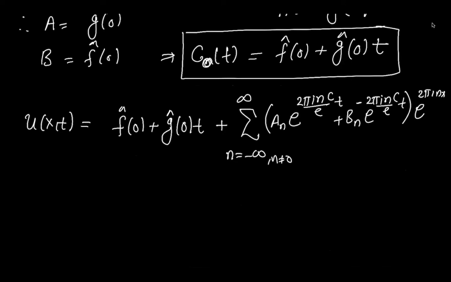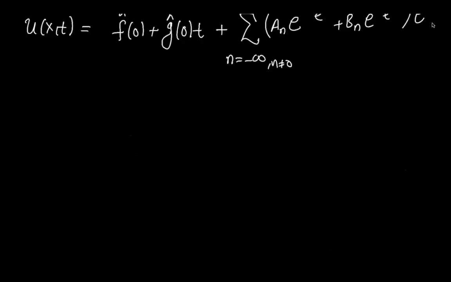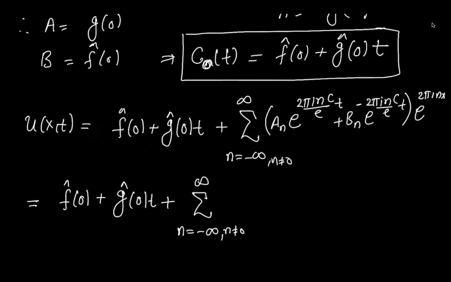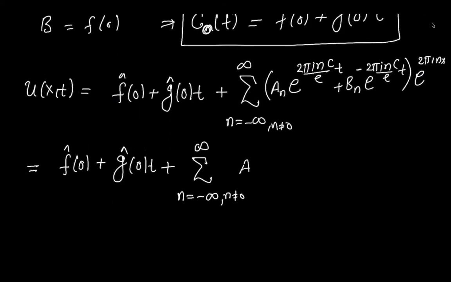That's it. I'm just going to show you what the solution looks like. That's all we are interested in here, because this solution is a bit uglier than the separation of variables. So it's going to be an e raised to a power.